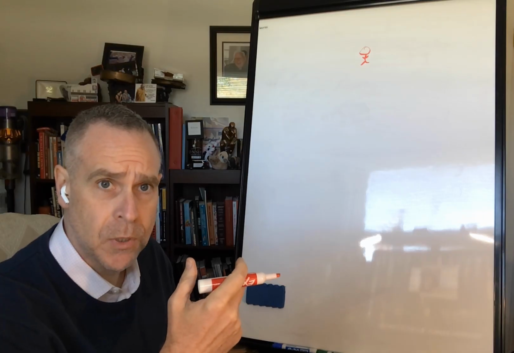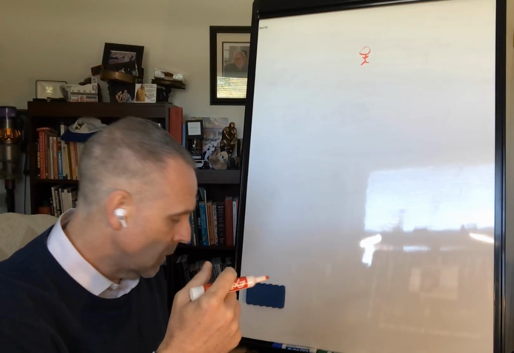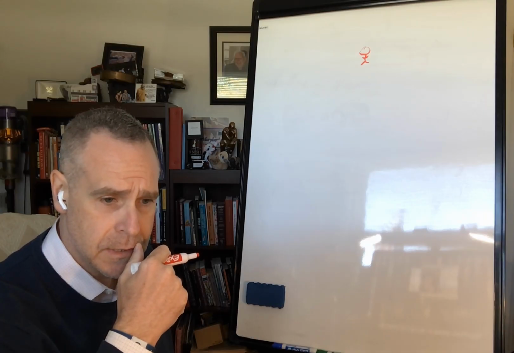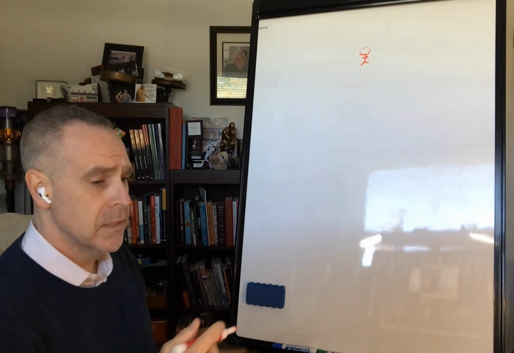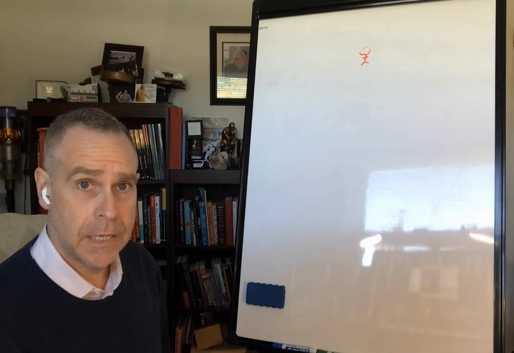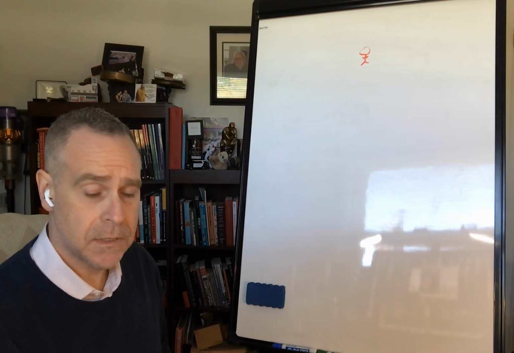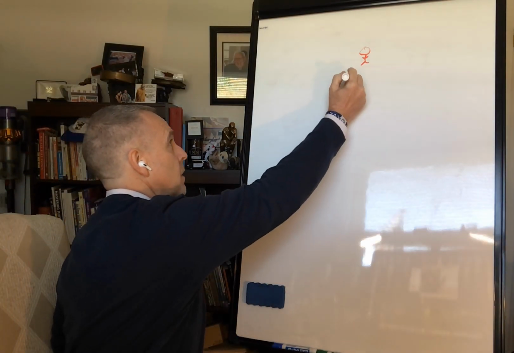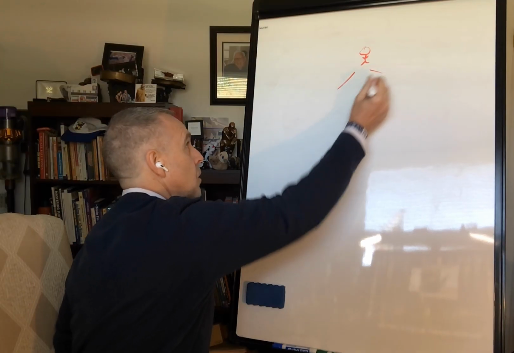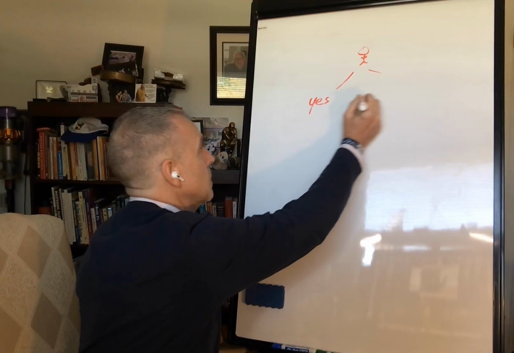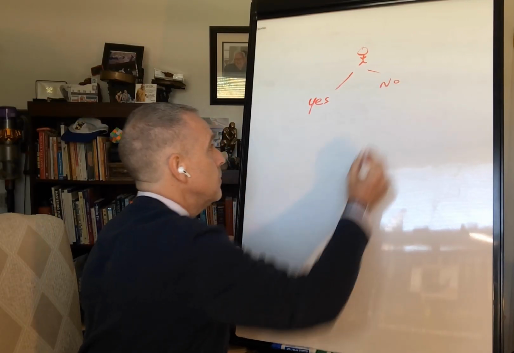Approach them, say, it seems like there are some things going on that maybe you could use help with, and would you like some help? Now, prior to this, you want to have identified some places where they can get help, either an individual or a facility. So obviously we have one of two ways to go here. We can get a yes, or we can get a no.